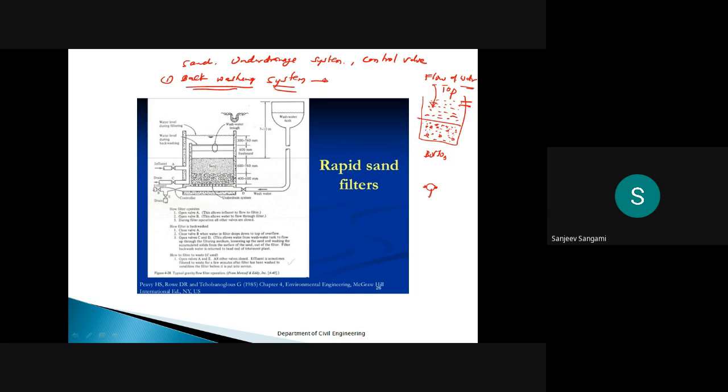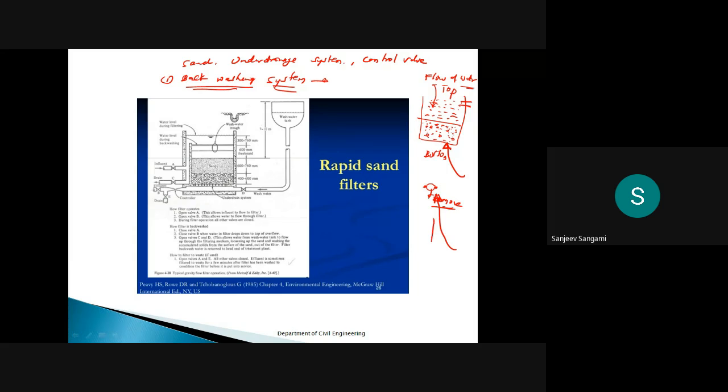Then how to remove this? What we have to do is push the water from the bottom.